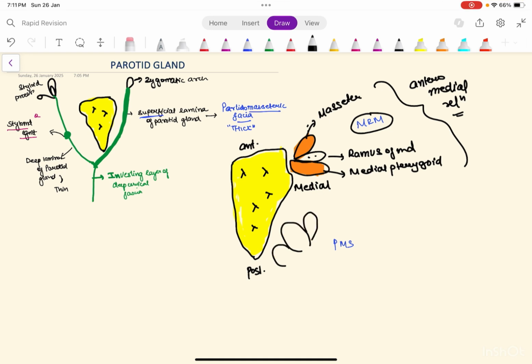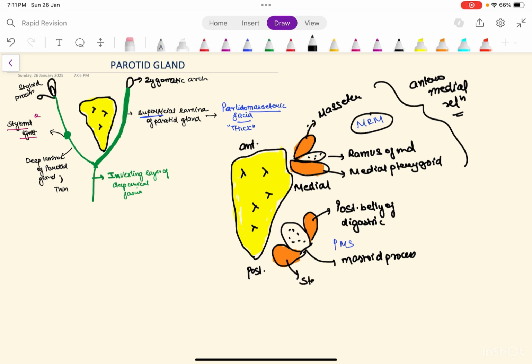Then coming on to this one, so PMS. So again some structures which look like this. All right. Then again two muscles and a bone between them. So this is our bone. From P we will start. So this is the posterior belly of digastric. This is the mastoid process.